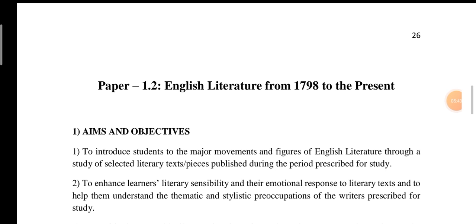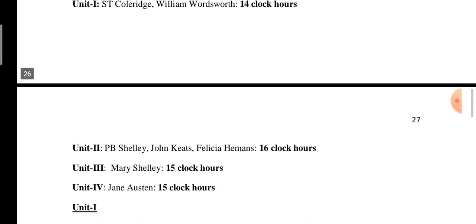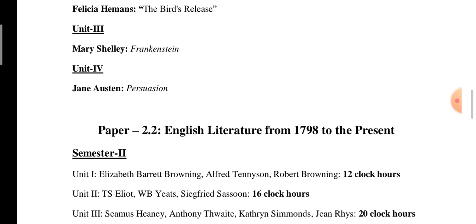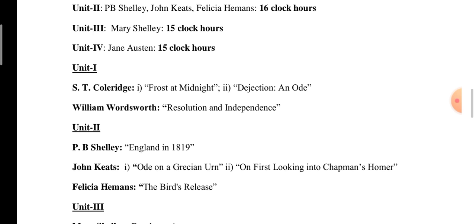Then paper number 2 in semester first is 1.2, English literature from 1798 to the present. In unit number 1, S.T. Coleridge's poems Frost at Midnight and Dejection: An Ode, and William Wordsworth's Resolution and Independence.